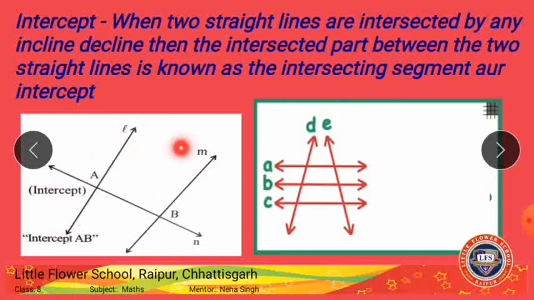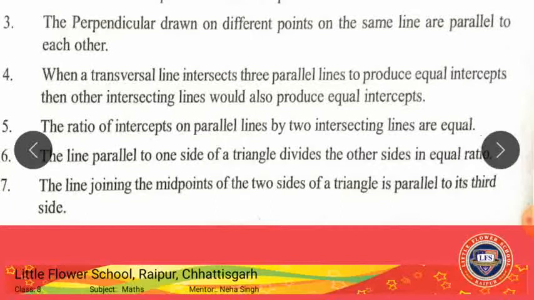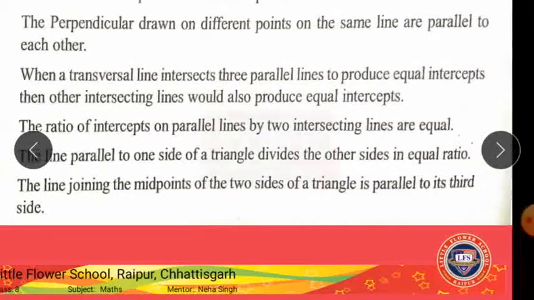So L and M are transversals, they are intersecting the line, and the part between the intersecting lines, this part AB, is called the intercept, right? Similarly here this part is called the intercept. So intercept is clear. Again coming to the points, when a transversal line intersects three parallel lines to produce equal intercepts, then other intersecting lines will also produce equal intercepts.